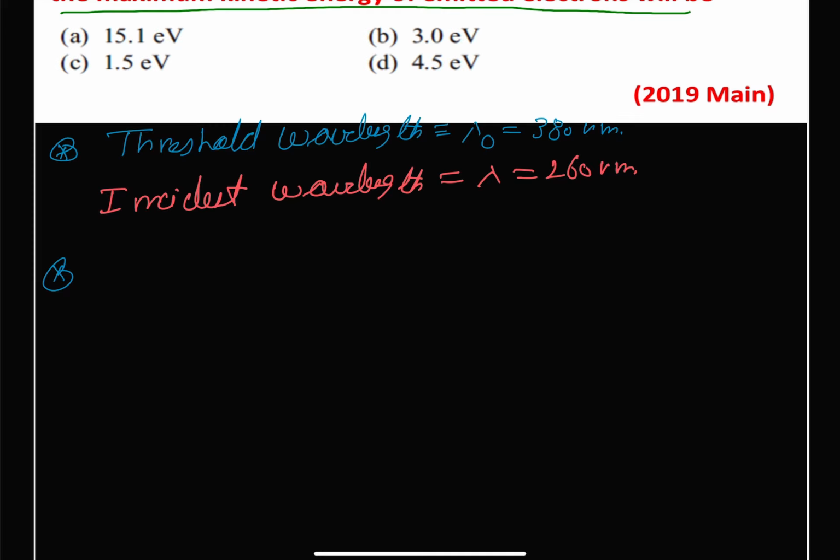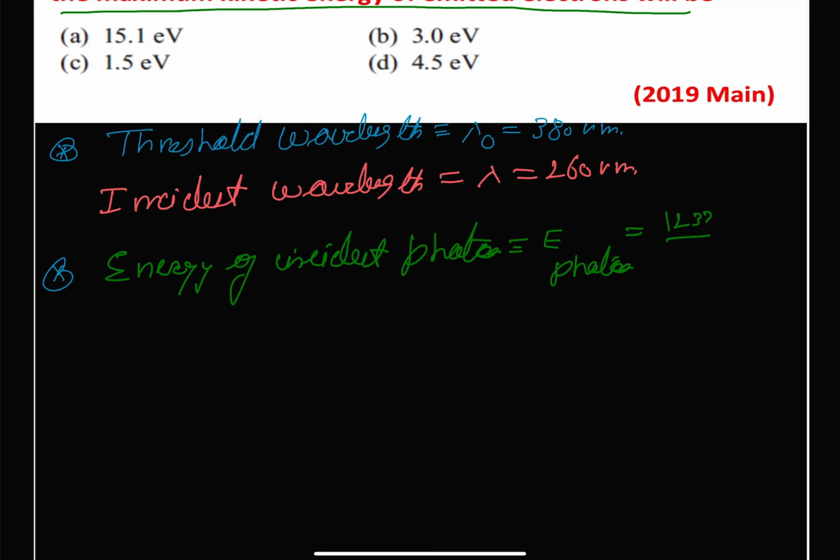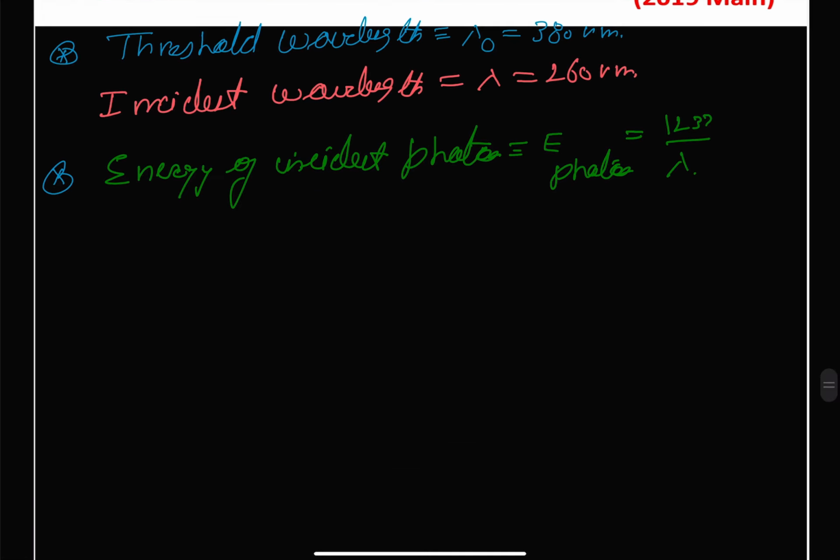So we can say that the energy of the incident photon, call this E photon, will be equal to 1237 divided by lambda, and from here we get E photon will be equal to 1237 over 260, so this comes as 4.76 electron volt.